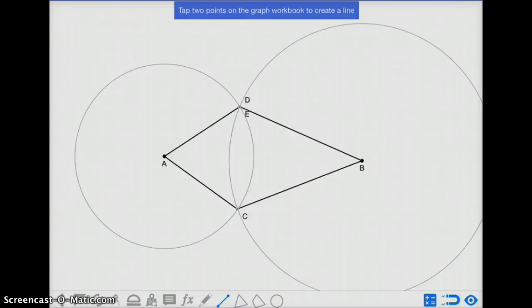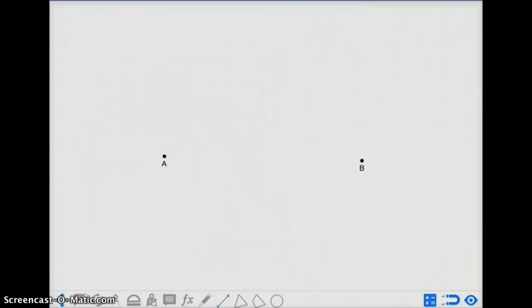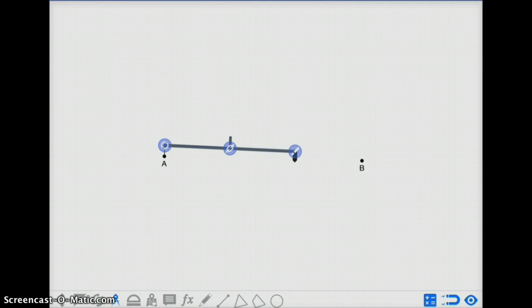Now if we combine the idea of a kite with a parallelogram, we'll be able to make a rhombus. So how can I do a rhombus in the same manner? Starting from my two centers again, I go to construct my circles, but this time I'm going to make them both the same size.